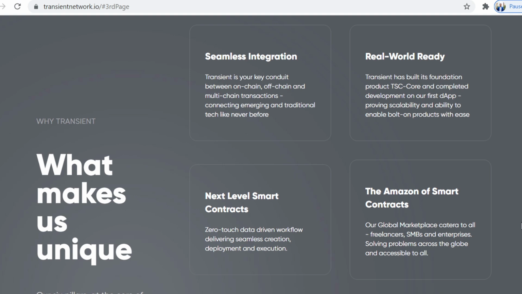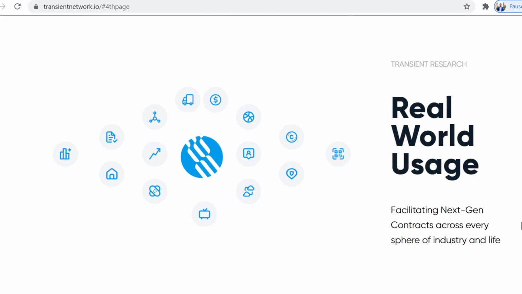I mean, people, businesses across the world are gonna want to move into the crypto space, but there is a struggle at the moment from a technology barrier point of view and a lack of knowledge point of view. And this is where the real world usage comes into play.